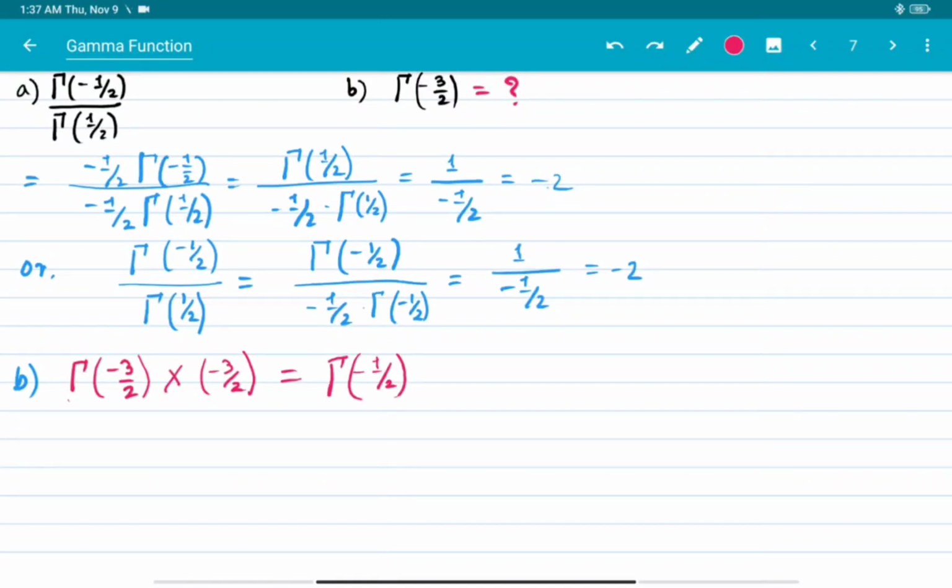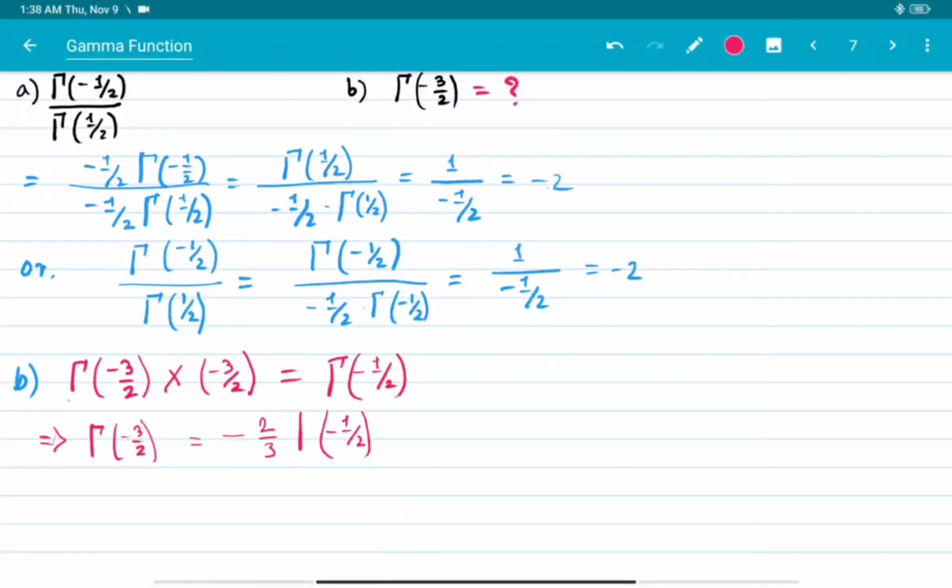So gamma of minus 3 over 2 is minus 2/3 of gamma of minus half.